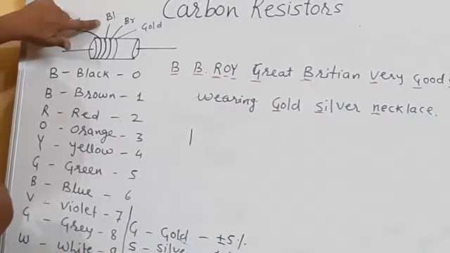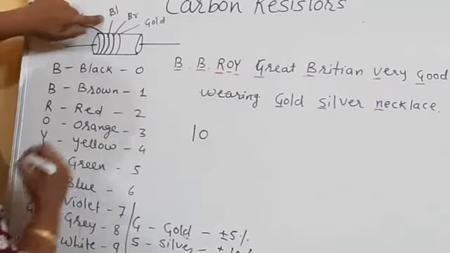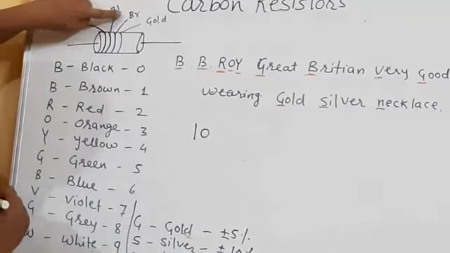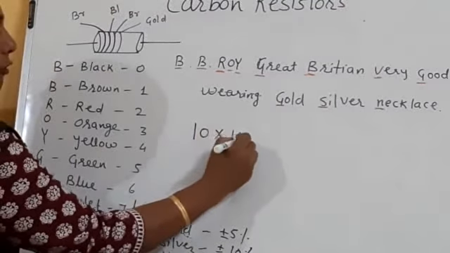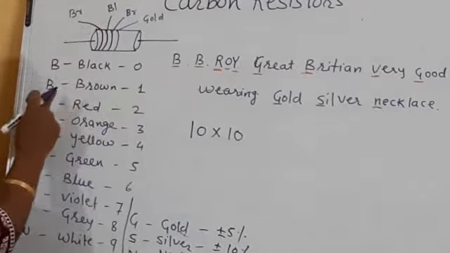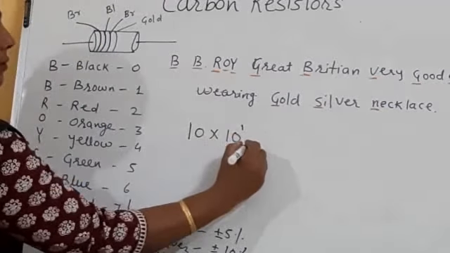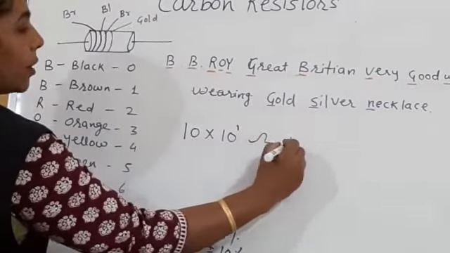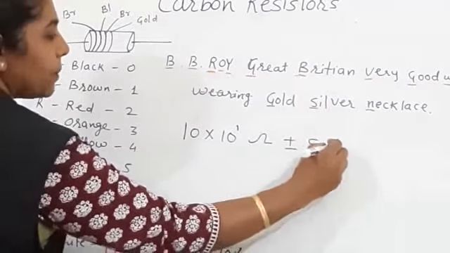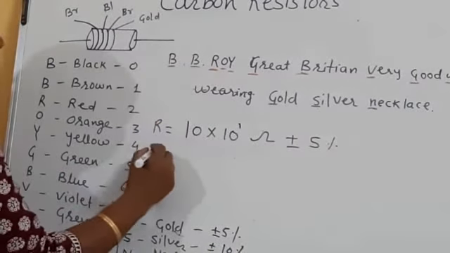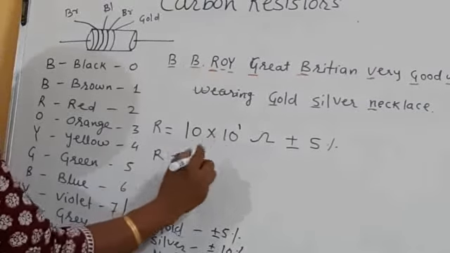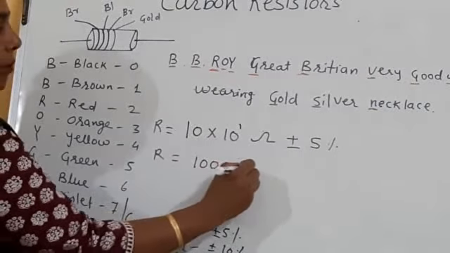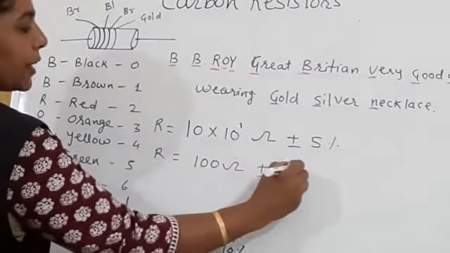Then the second ring represents the ones digit, that is 0, so it is 10. The third ring represents the power of 10. So 10 into, brown is 1, so 10 raised to 1 ohm. The gold ring is plus minus 5%. So the value of the resistance is 10 into 10, that is 100 ohm, plus minus 5%.